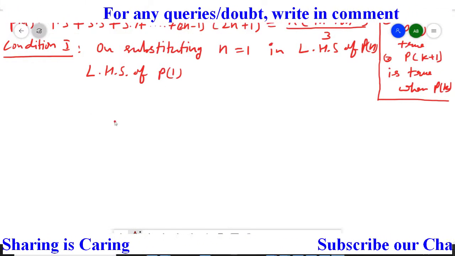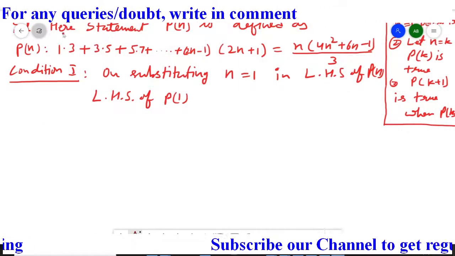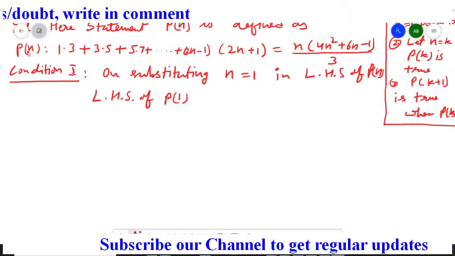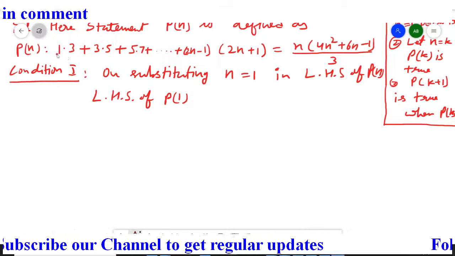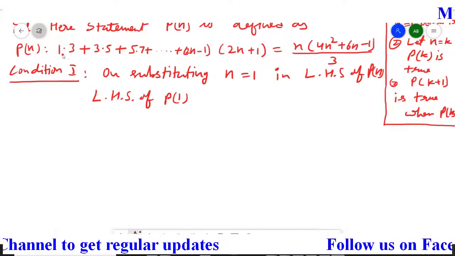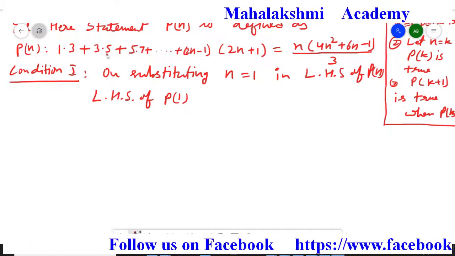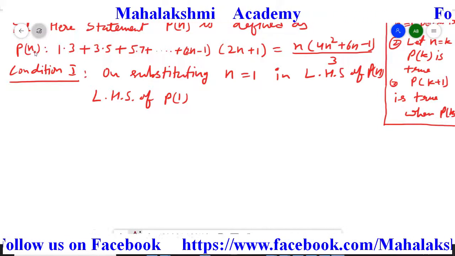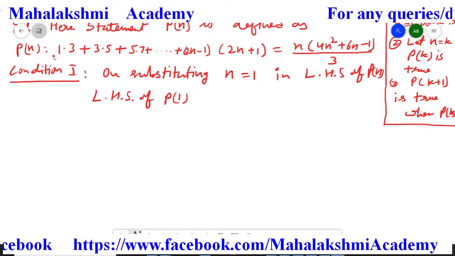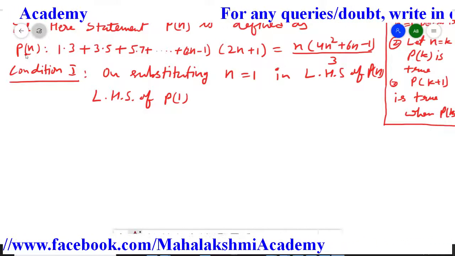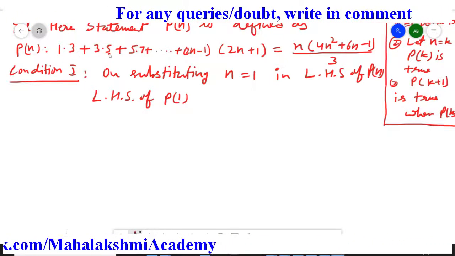Now P1 means, students, if I take 1, then we have to write down only the first term from the left series. So this is our left hand side of the series. If I want to take 1, then I have to take only the first term, and if I take 2, then I have to take the first and second term.